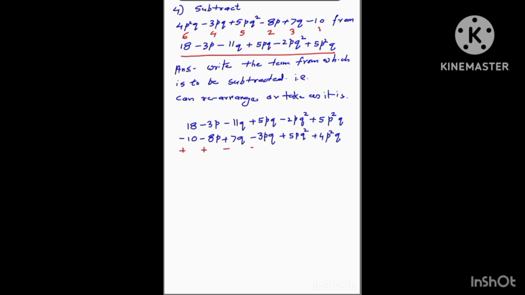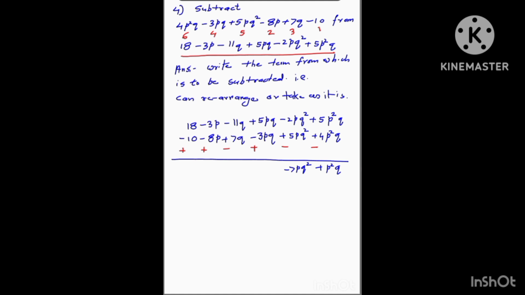Now you have to change the sign. As you have to subtract, all signs will change: plus will become minus and minus will become plus. Then, starting from the right-hand side, minus 4 plus 5 is only p square q, so it is now very easy arithmetic. Minus 2 minus 5 is minus 7pq square.